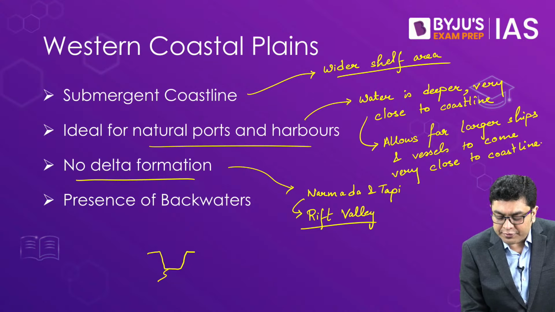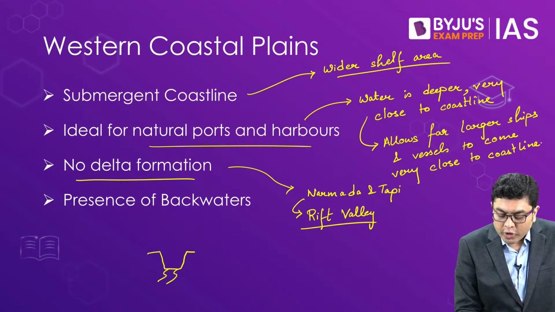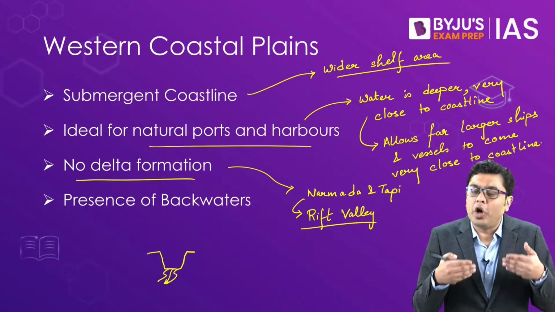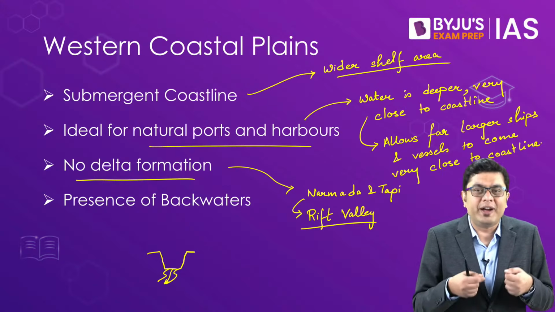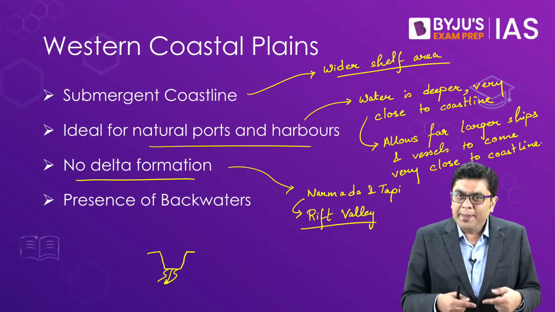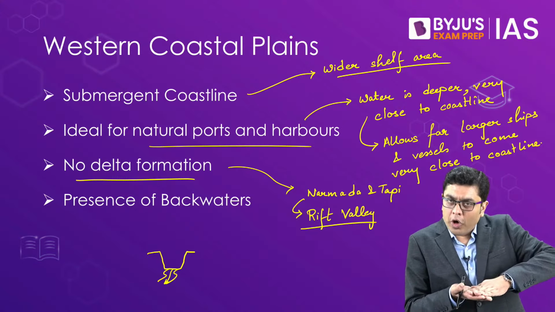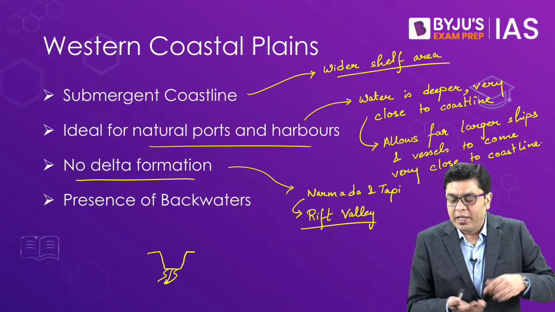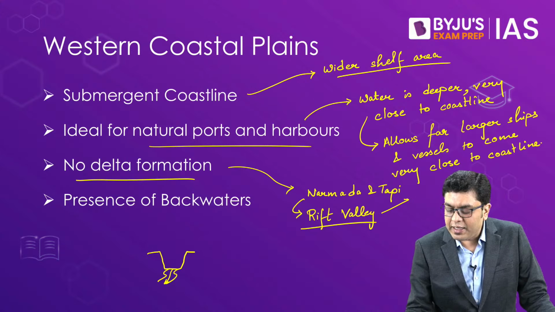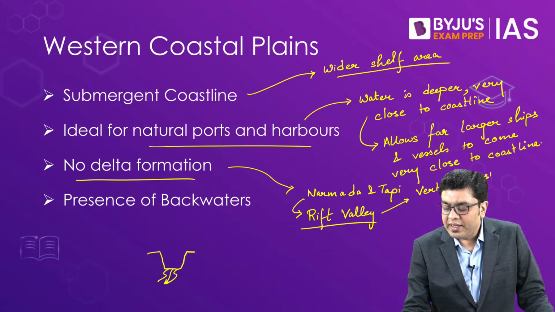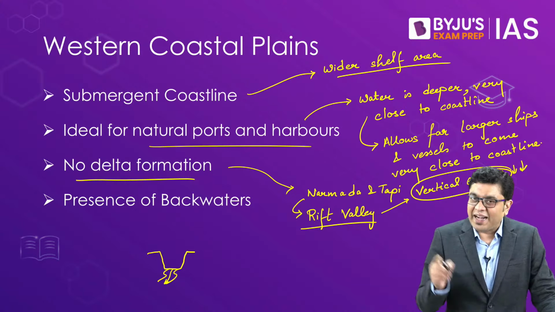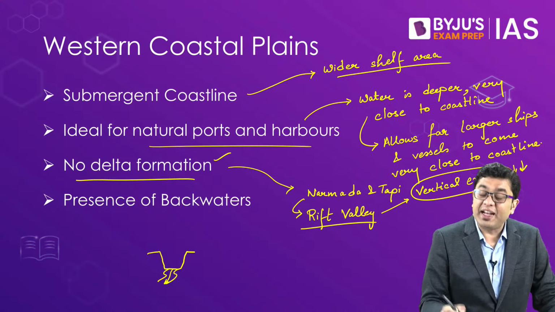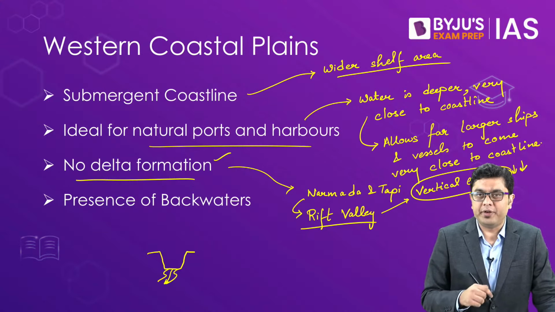Now, if a river is flowing here, automatically the river does not carry out a significant amount of vertical erosion. Why? Because the region is already at a depressed level. So the amount of vertical erosion is significantly lesser, and that is why you don't have significant deltaic formation.